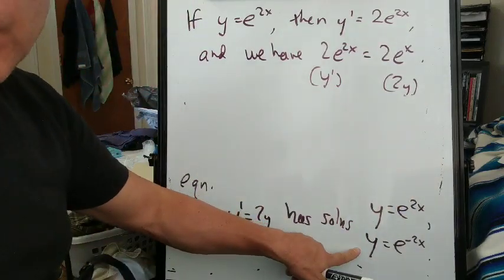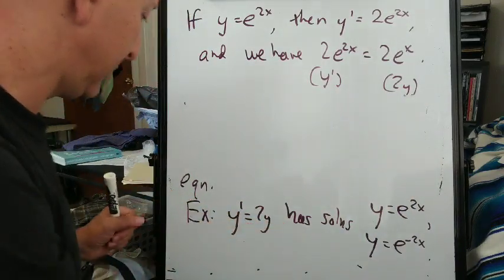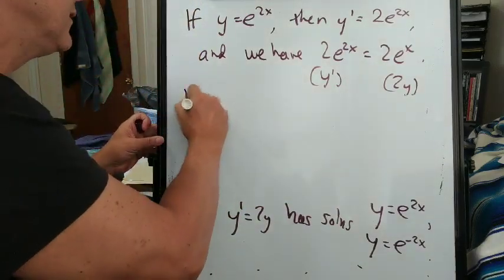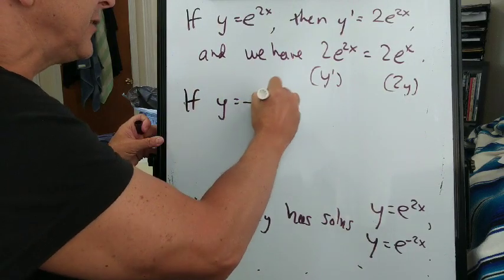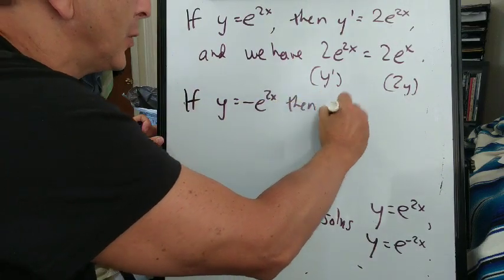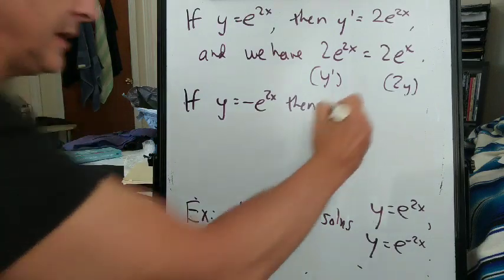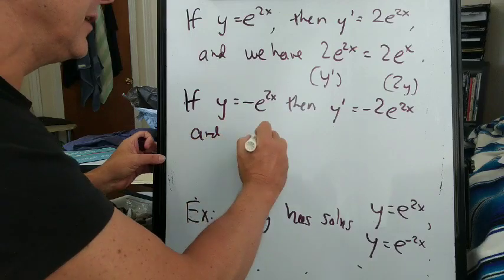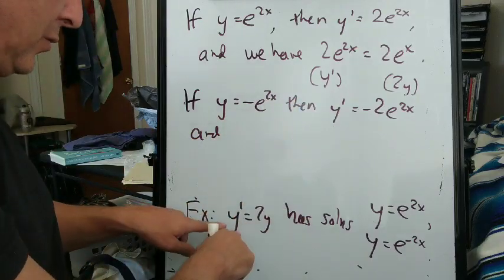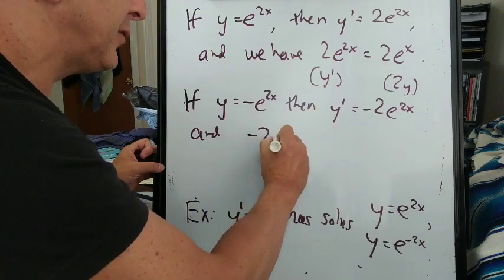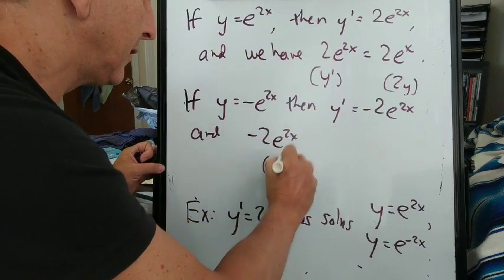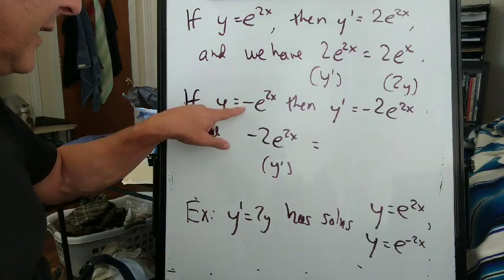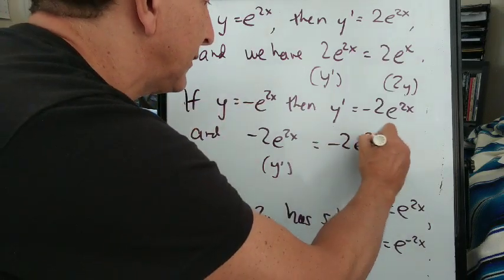So let's verify that y equals negative e to the 2x is another solution. So if y equals negative e to the 2x, then y prime is negative 2e to the 2x, and 2y is 2 times negative e to the 2x, so negative 2e to the 2x.